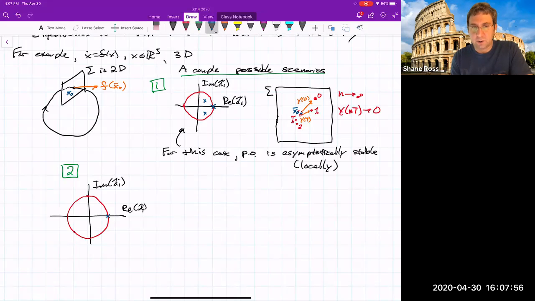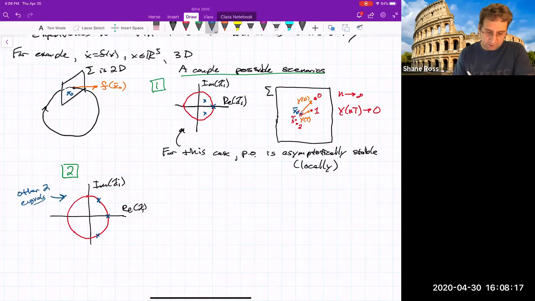So I only have 2 other eigenvalues, and maybe one is here on the unit circle, and it has to have a complex conjugate. So the other two eigenvalues are also on the unit circle.